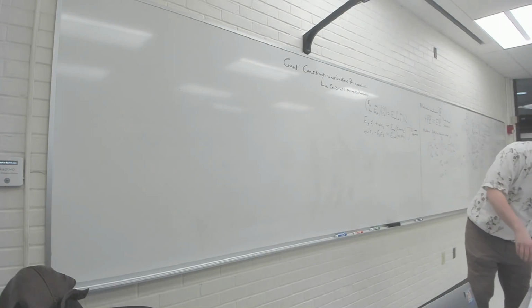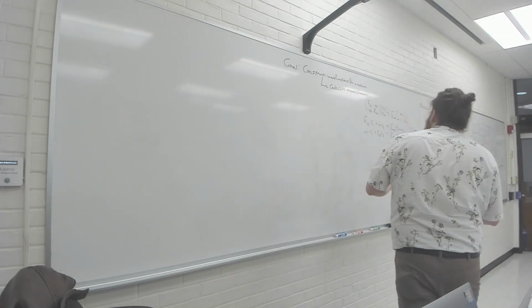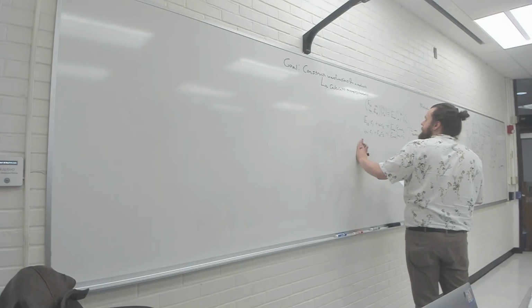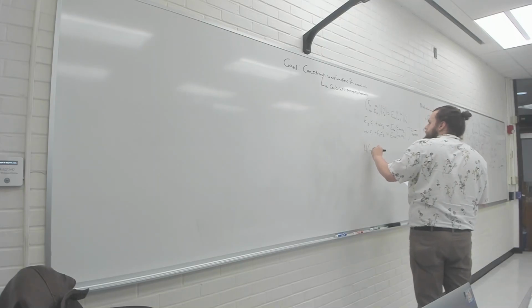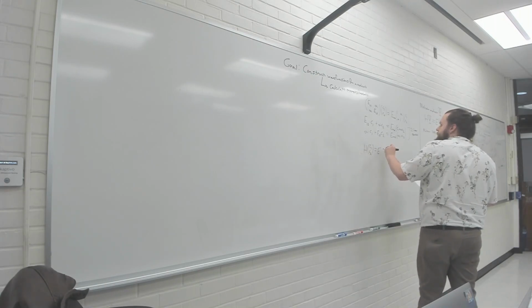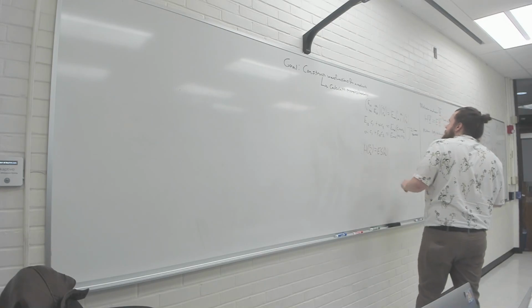And the way that we solve this is we're going to take this and put it on the other side. So I'll write it instead as H C1 C2 equals E S C1 C2.